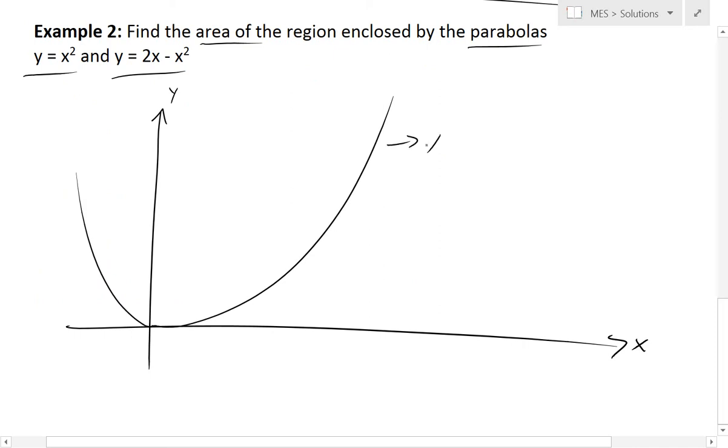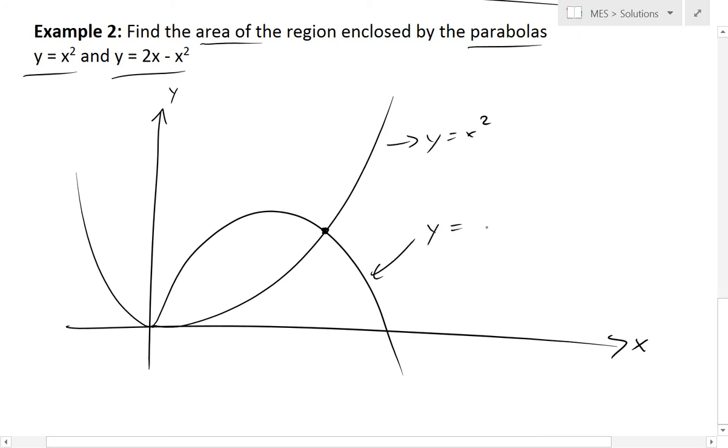Now the other one is a downwards facing parabola because there's this negative x squared right here, and when you plug in 0, it just becomes 0. So it looks something like this, though it might not be to scale, but anyways.